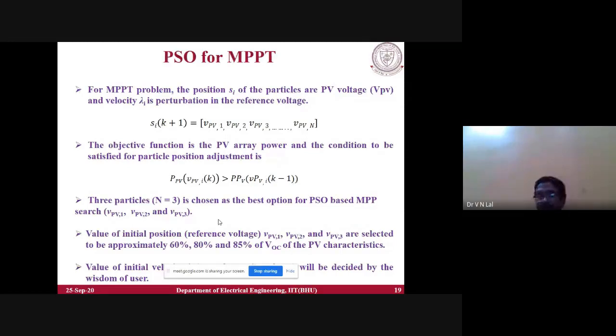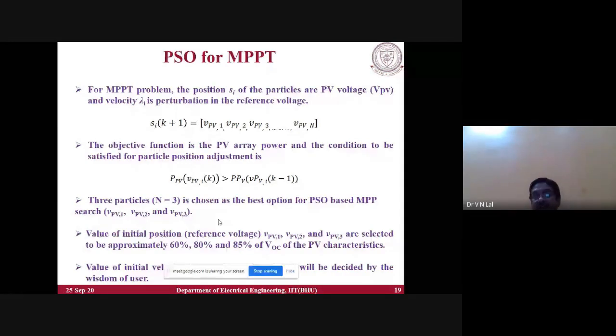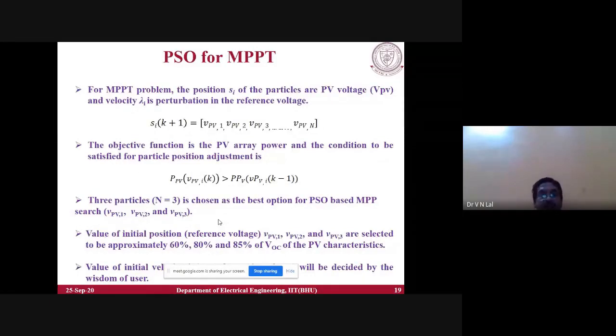So I started with 11 particles, reduced the number of particles, and finally, when 3 particles are used, we are getting the same result, and with very fast speed. If the number of particles is increased, calculation time has to be given for each individual particle, so the sum of the calculation times will be very high.